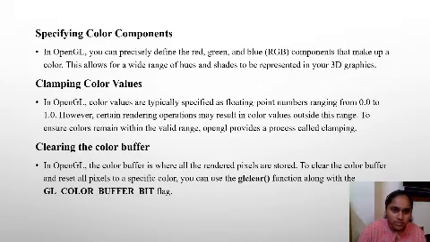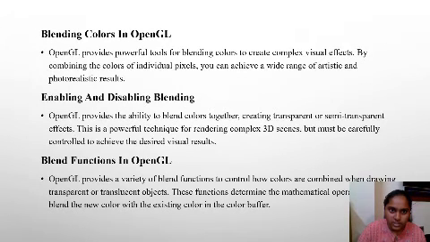Clearing the color buffer. In OpenGL, the color buffer is where all the rendered pixels are stored. To clear the color buffer and reset all pixels to a specific color, you can use the glClear function along with the GL_COLOR_BUFFER_BIT flag. Blending colors in OpenGL. OpenGL provides powerful tools for blending colors to create complex visual effects.